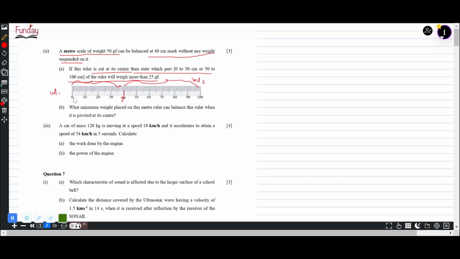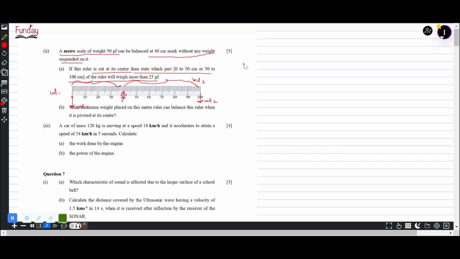Presuming this is W1 and this is W2, and we have put a pivot here, the clockwise moment should match the anti-clockwise moment of force. Now moment of force is force into distance from the fulcrum, right? So with that presumption we'll begin.